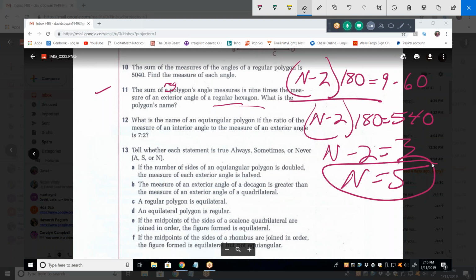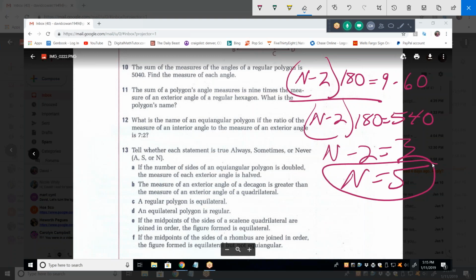And I was wrong. You don't need the regular. In other words, any pentagon, this is going to be true. Not have to be a regular pentagon. What we know is that for a pentagon, the sum of the interior angles is 540, always, whether it's regular or not.